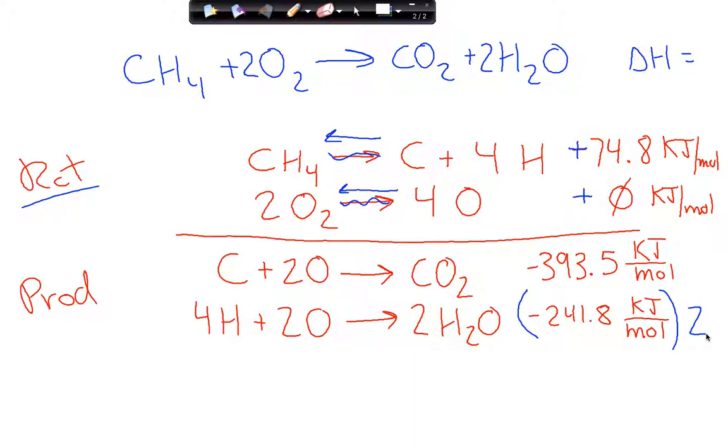And now, guys, guess what? If we now add all of these numbers up, that will give us the energy of the overall reaction. So if we go 74.8 plus 0, which doesn't matter, plus a negative 393.5, which is functionally just subtracting it, and then minus 241.8 twice, do you guys get 802.3?